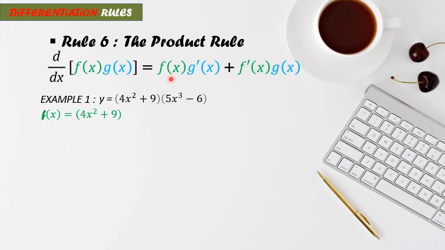Okay, according to the formula, we have to copy the first term. So this is our first term, right? So let's write it down first. We're using the formula so that we will be able to understand. So first term, we have to have the first term. This is the first term. I just copied it, okay?